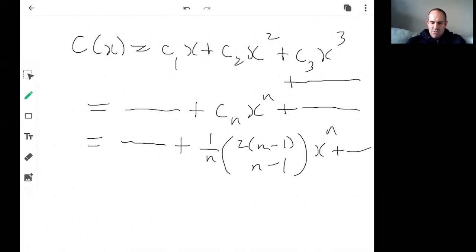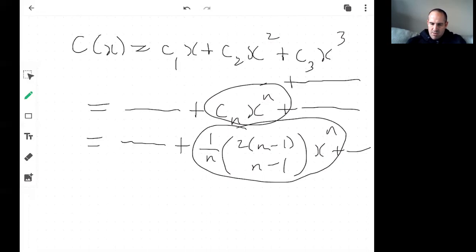So what does that tell you about this? These terms are the same, and therefore the coefficients have to be the same.